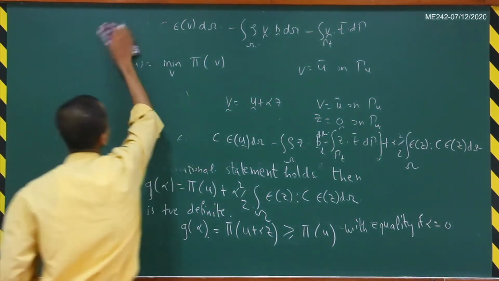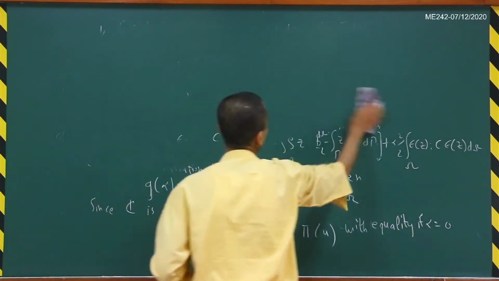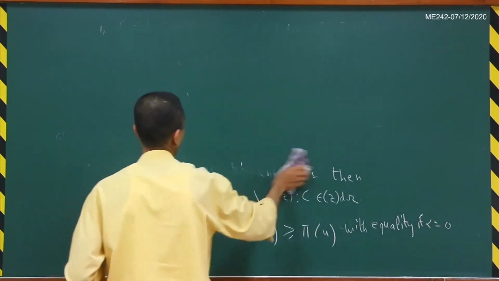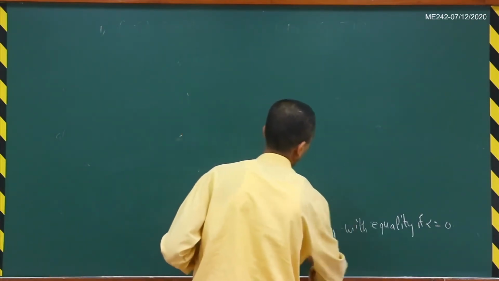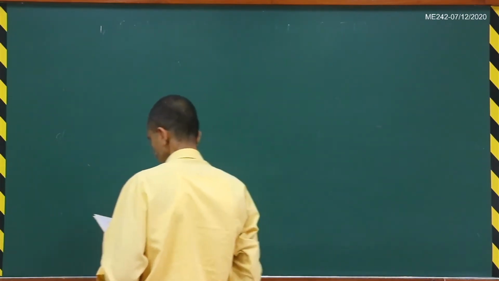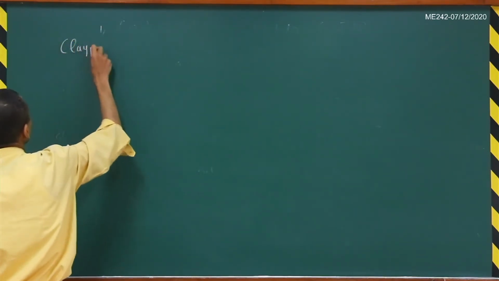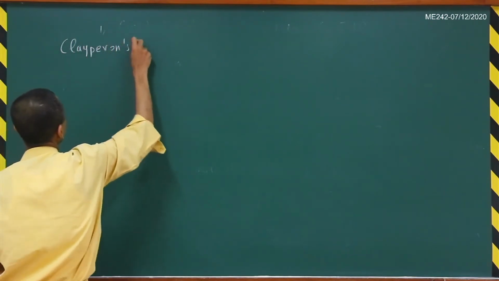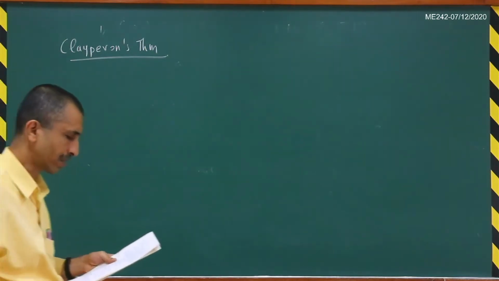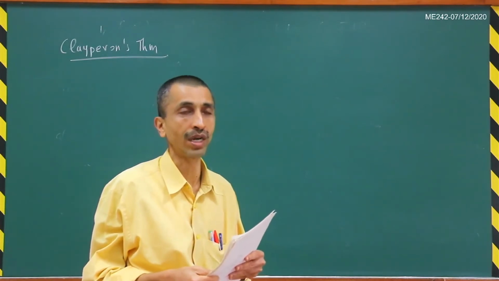This is also a very, very important theorem. So let us look at that now. Yes, so let us look at Clapeyron's theorem. This theorem basically states that 2 times the strain energy is equal to the work done by the loads.